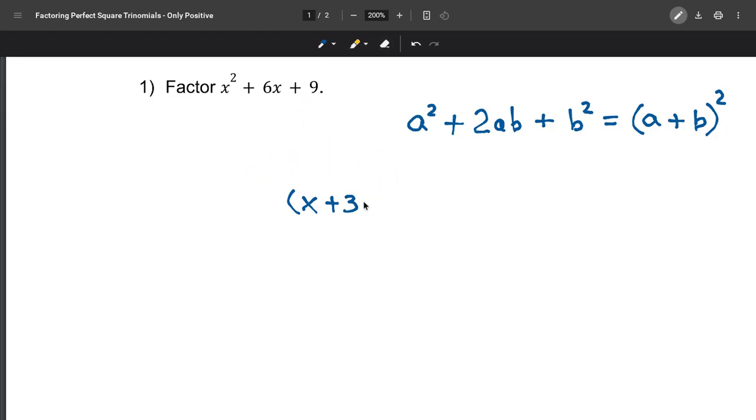Okay, so if we think about that pattern and we think, well, what's our a squared here? We want to check that this is a perfect square trinomial. So what's our a squared? Our a squared is the first term. It's going to be, in this case, x squared. So to figure out what a is, we take the square root of a squared, and we get a is x.